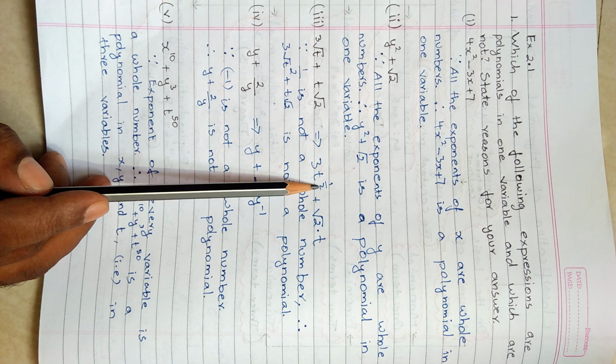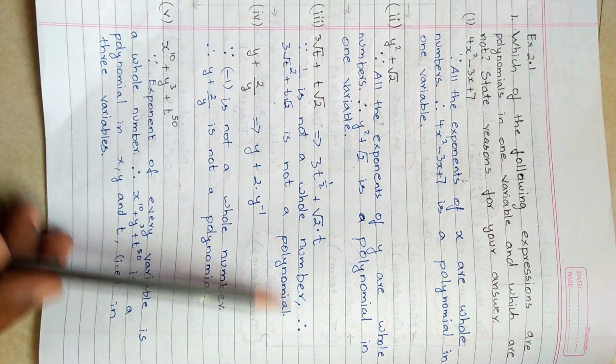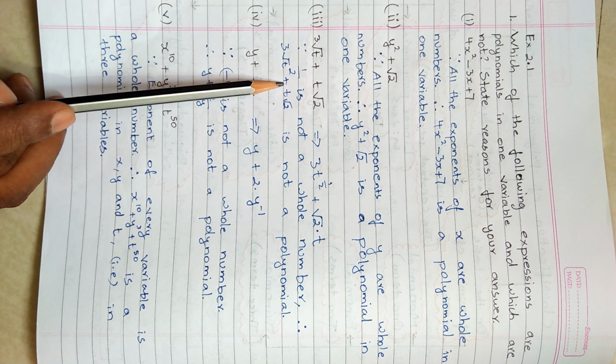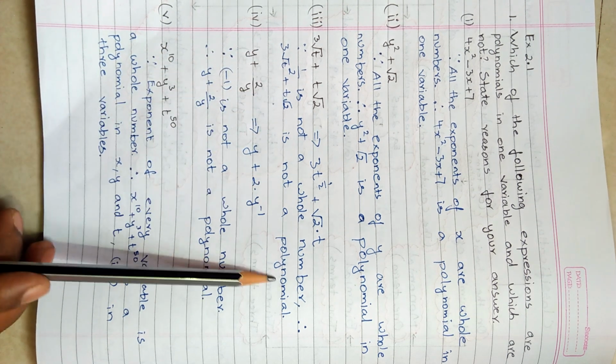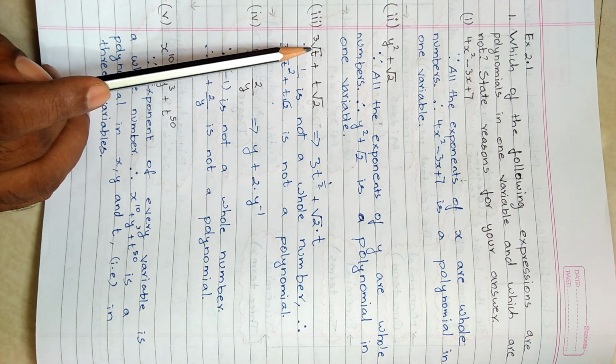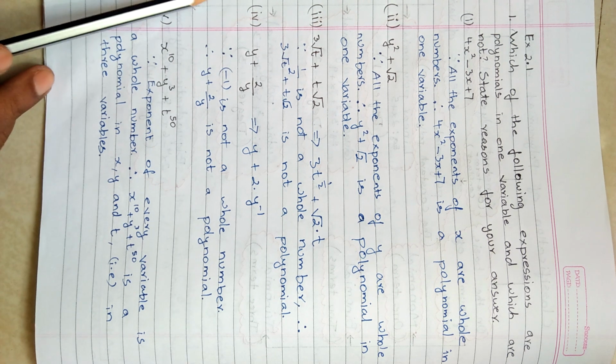Whether 1 by 2 is a whole number? No, it is not a whole number, it is a fraction. So since 1 by 2 is not a whole number, this expression 3 root t plus t root 2 is not a polynomial.